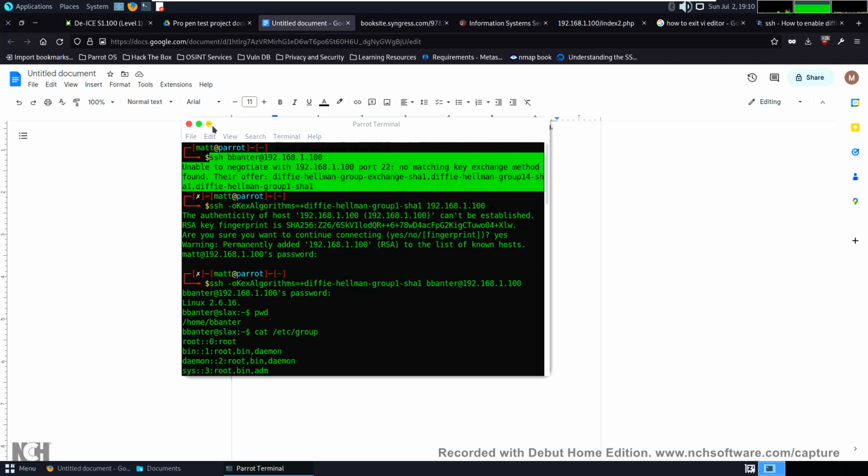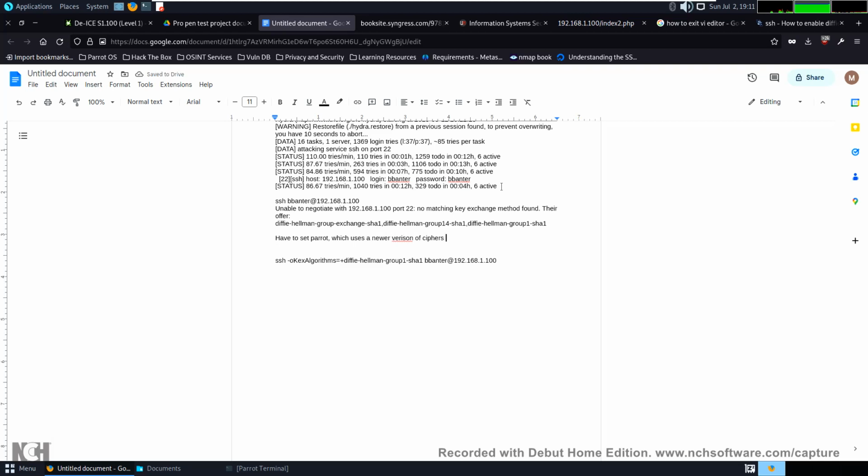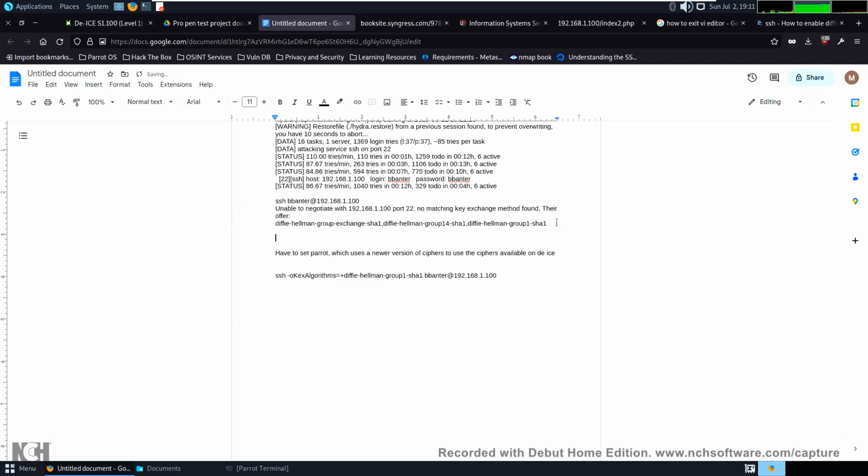So, have to set Parrot, which uses a newer version of ciphers, to use the ciphers available on the ICE. Okay. Alright. And then that's what we did, and it works.